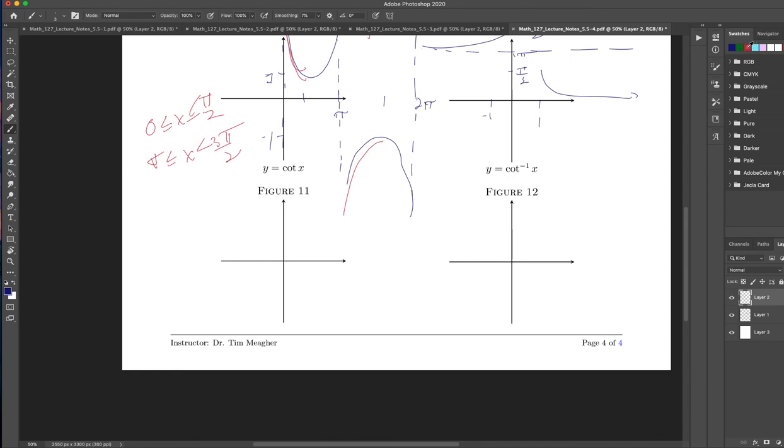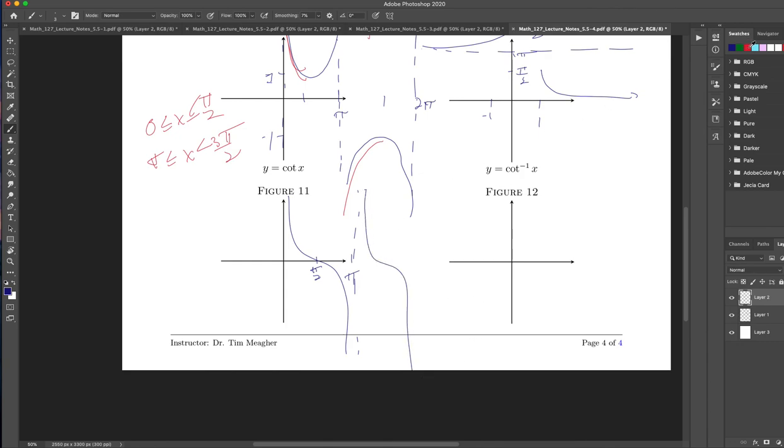Cotangent may be a little bit more common than inverse cosecant and inverse secant, just because it works out nicely. So here, let's draw one period of cotangent. We just come to pi, and it comes in at pi over 2. It comes in, goes out, comes back out, and then it repeats itself, right?